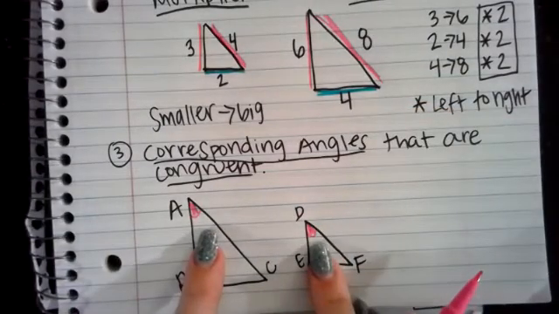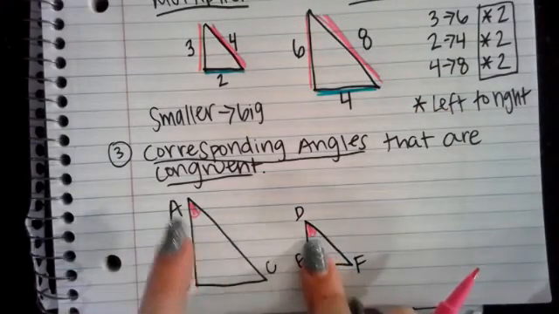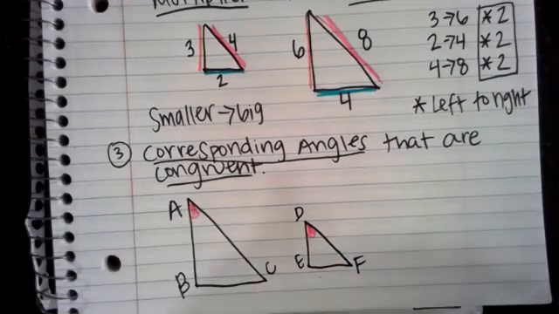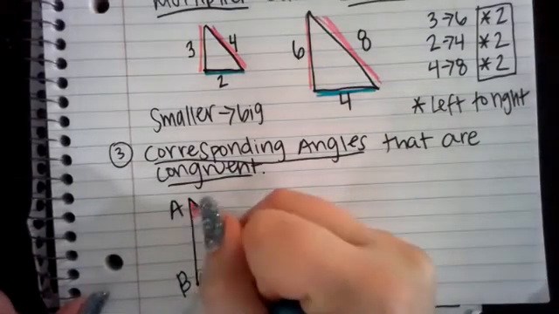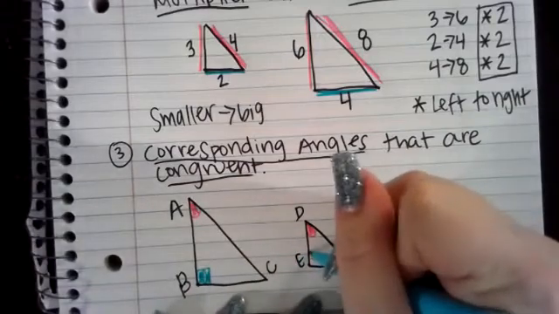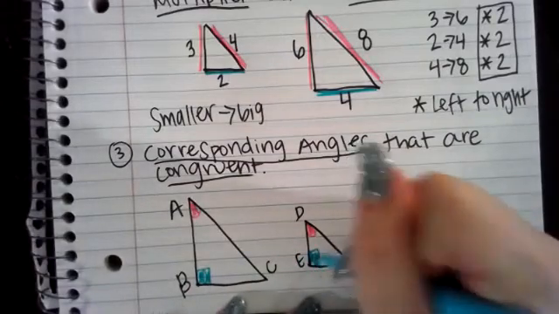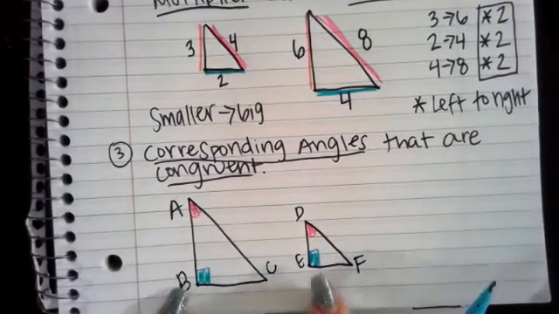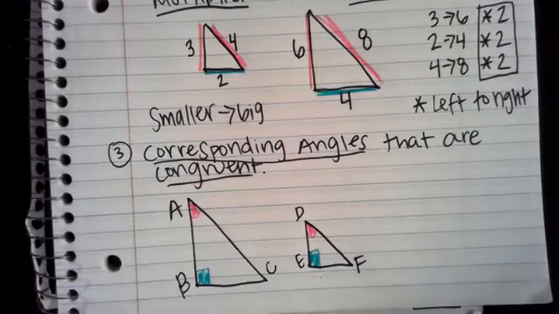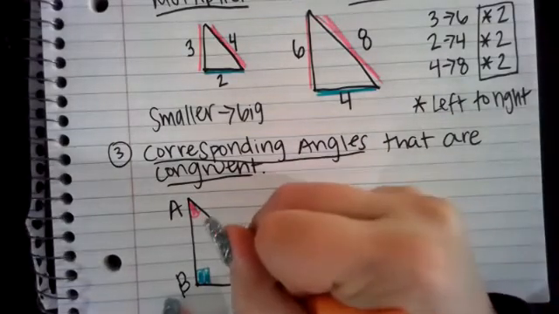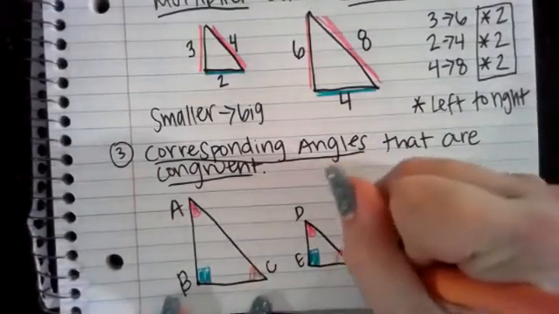These are corresponding angles. I'm going to use my other color. Angle B, the right angle, is the same as this particular right angle. These two angles, B and E, correspond to each other. And then angle C and angle F correspond to each other.